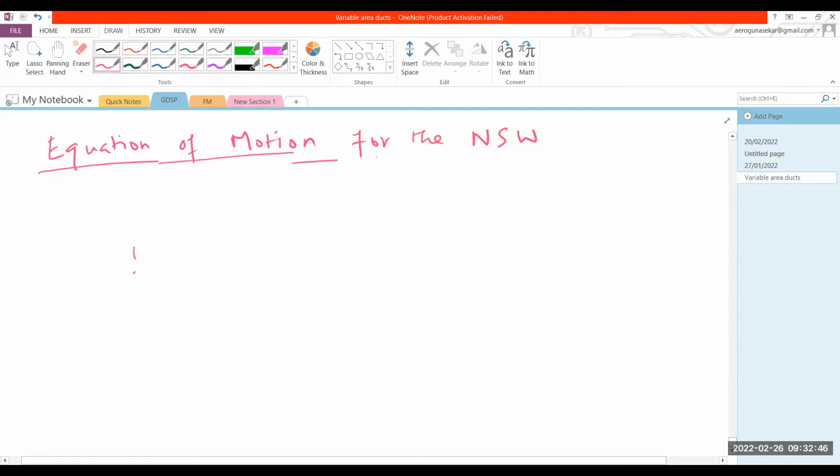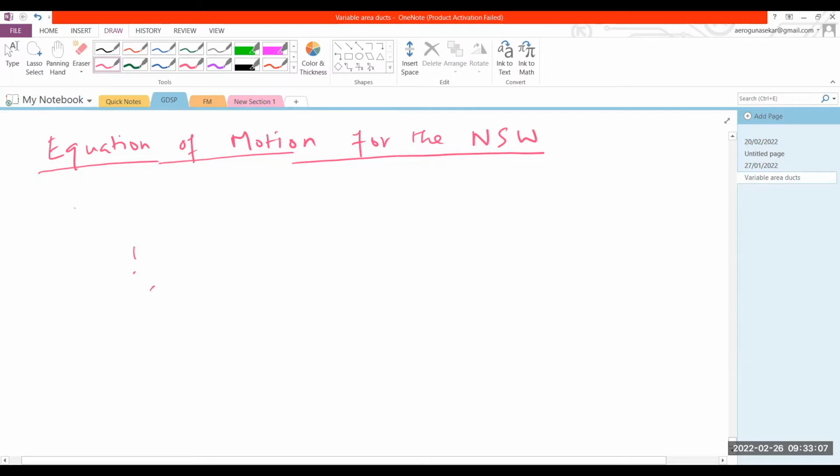So what we are going to see is the equations of motion for the normal shock wave. How are we going to define, I mean, how are we going to derive?